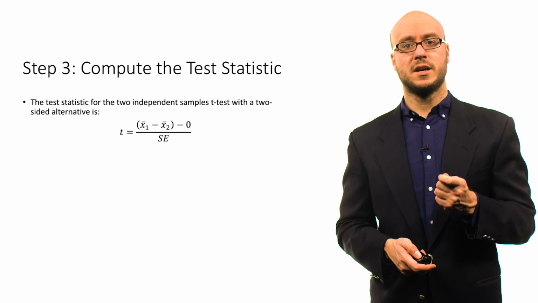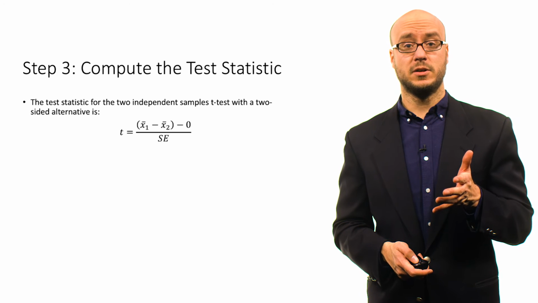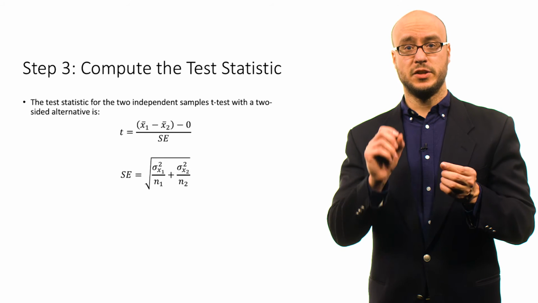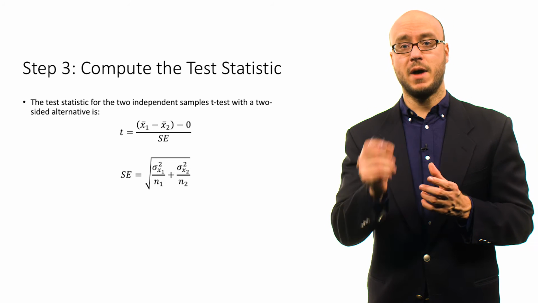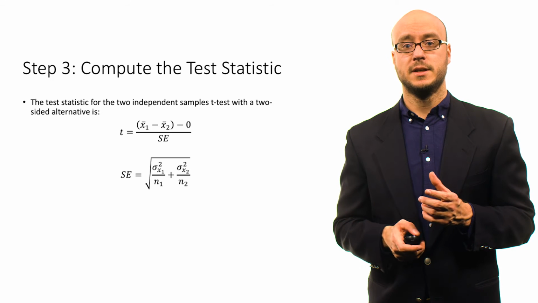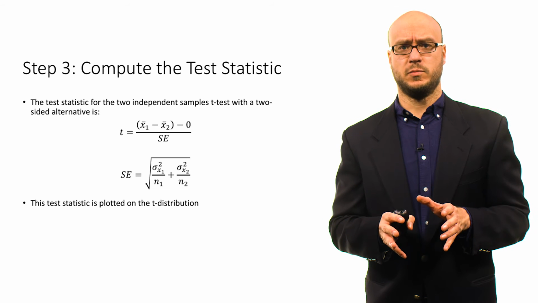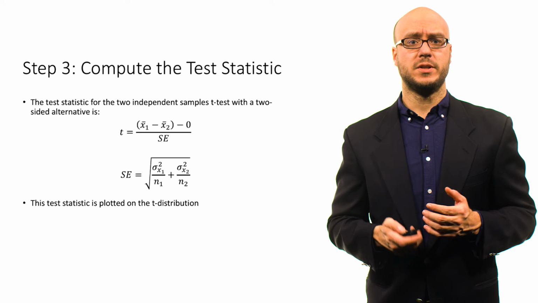So the test statistic for two independent samples t-test with a two-sided alternative is simply as follows. The test statistic is the difference of the two sample means minus 0. That's because the null is 0. And then we divide by the standard error. Again, we're going to use statistical software to calculate this, but you can come up with this yourself.